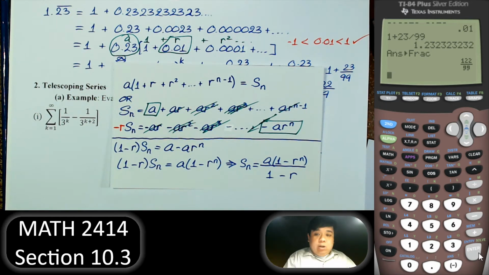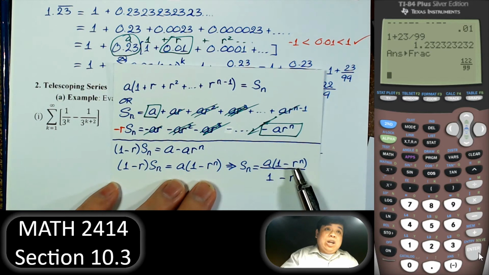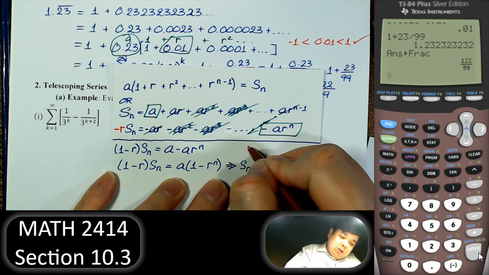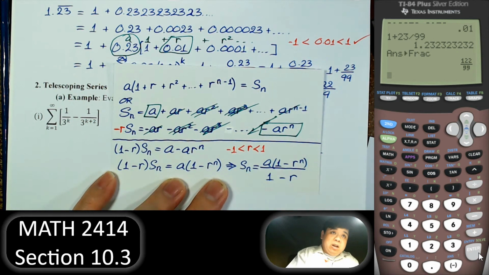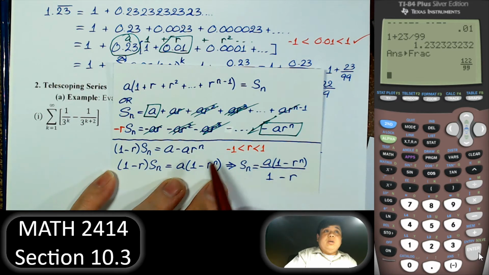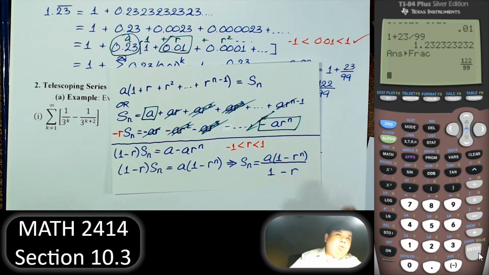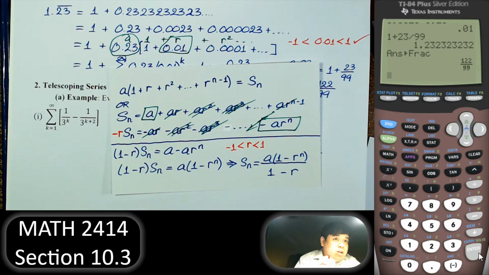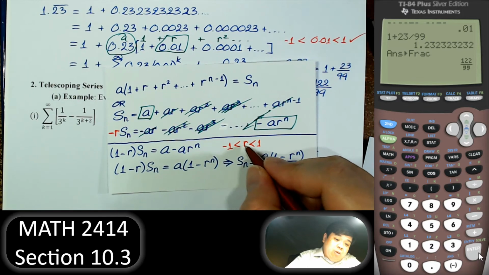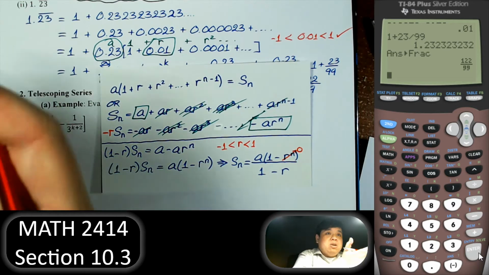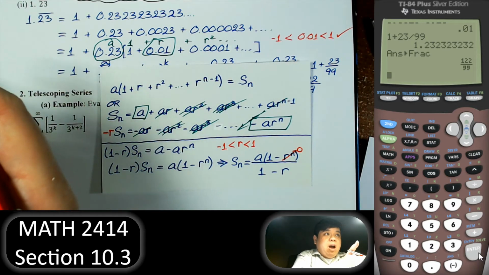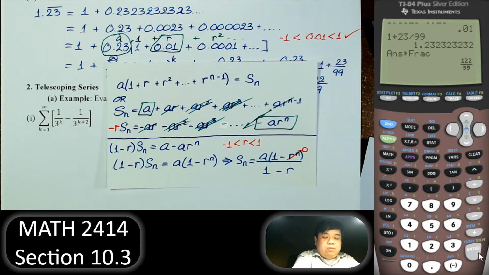Now, the only thing we need is that the ratio has to be between -1 and 1. Because of that, if we have a number between -1 and 1, this brings us back to the geometric sequence. For the sequence, if r is between -1 and 1, r to the n goes to 0, right? If we have a number like 1/2 raised to the n power, that goes to 0, right?